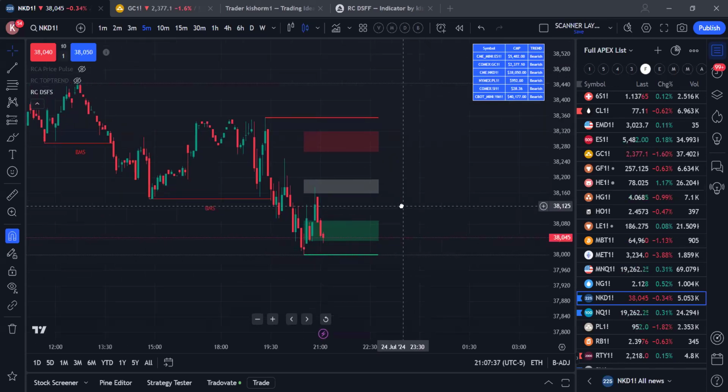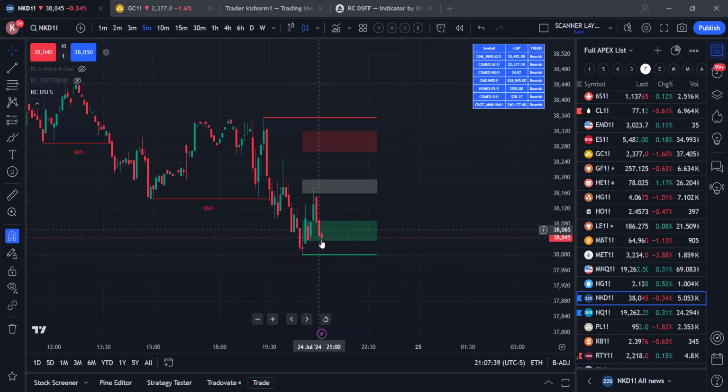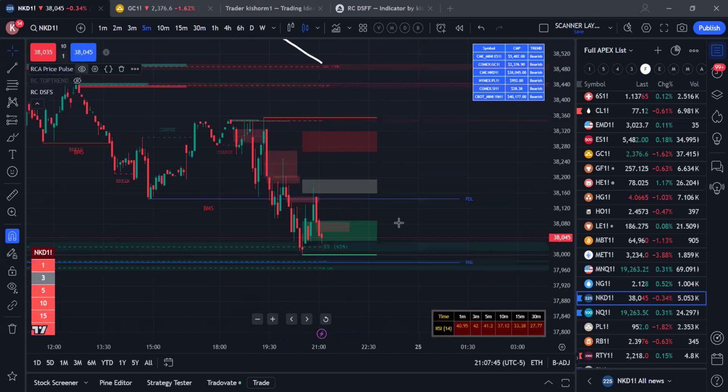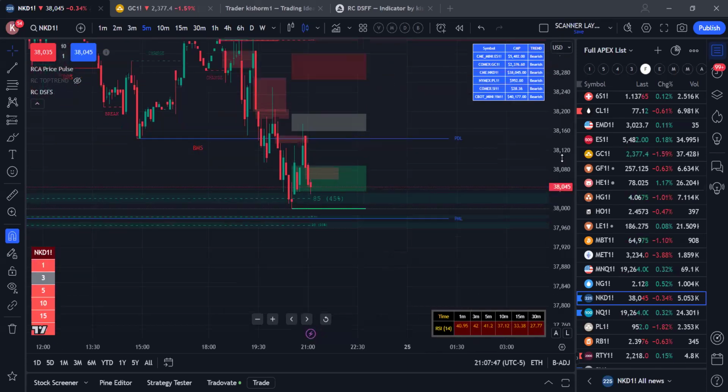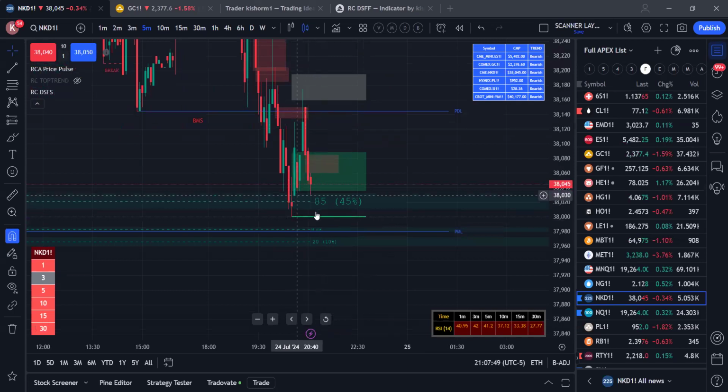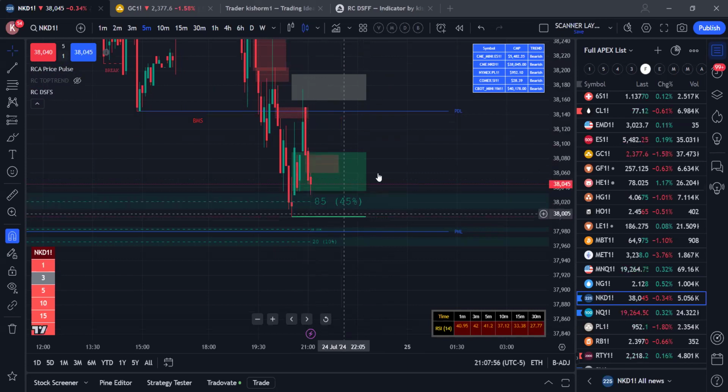So we don't know if it will go up or come further down. So you have to use price pulse to see if there is any buy block. Okay, there is 85 contracts. There is a possibility for it to come here, touch one more time and then start going up.